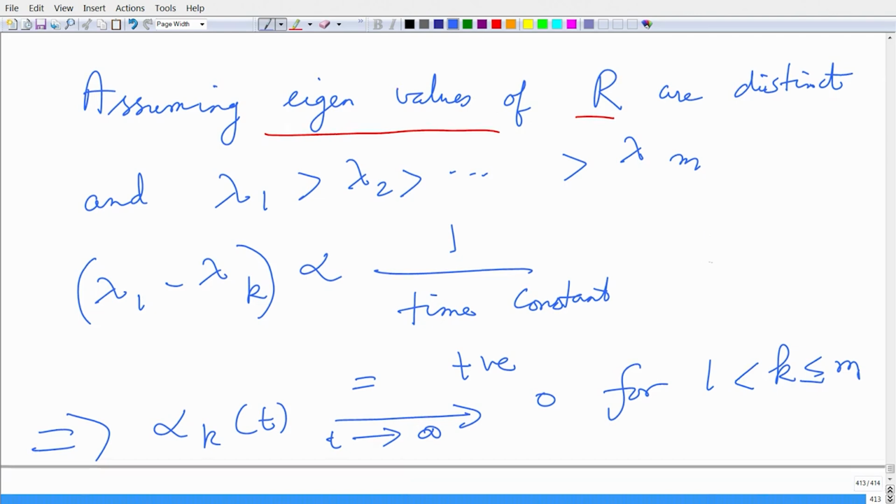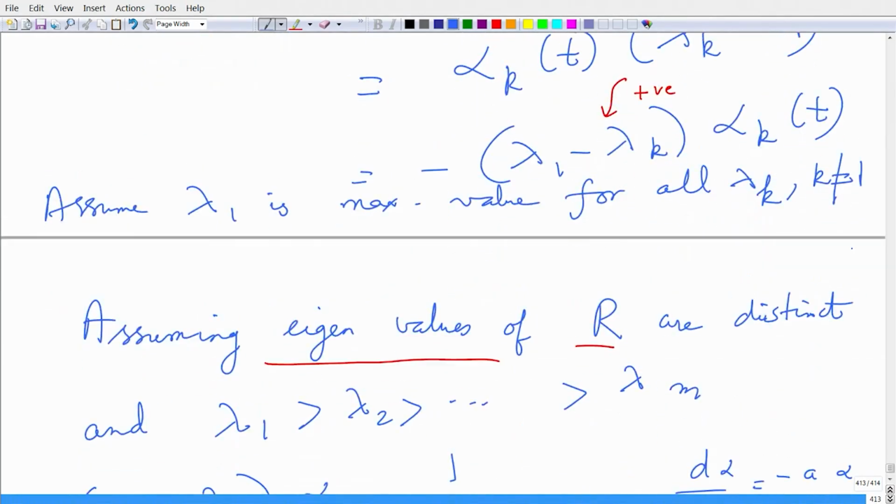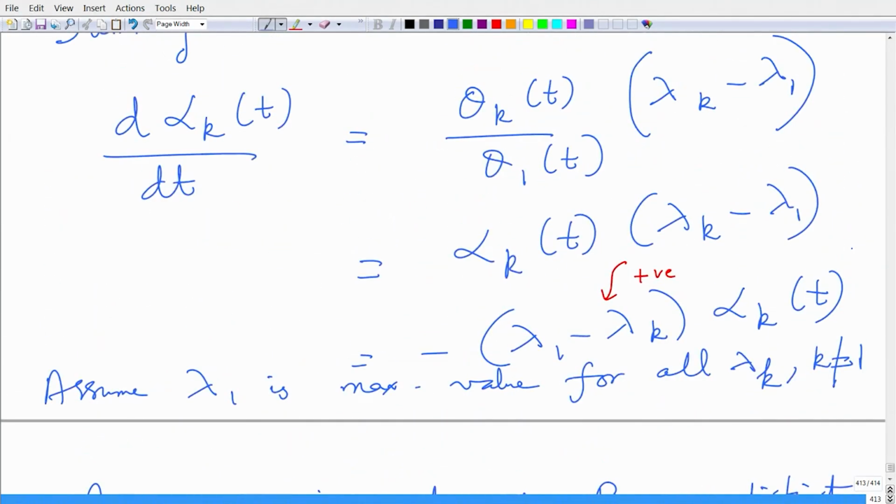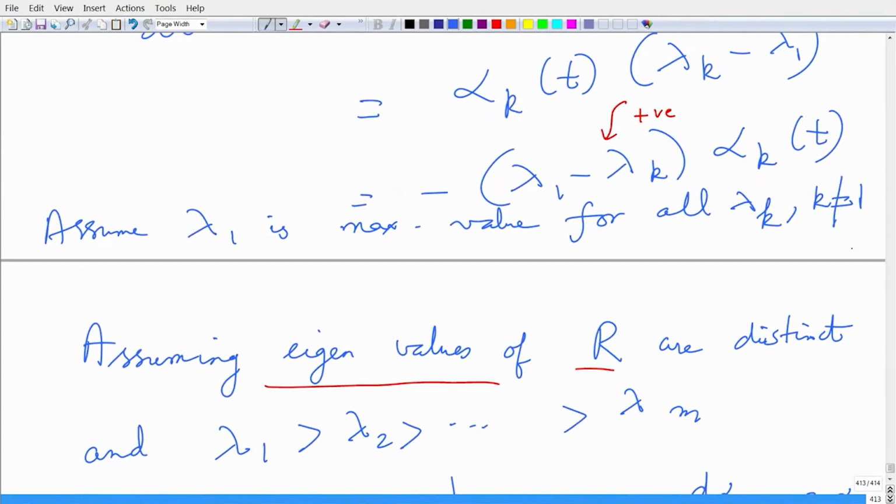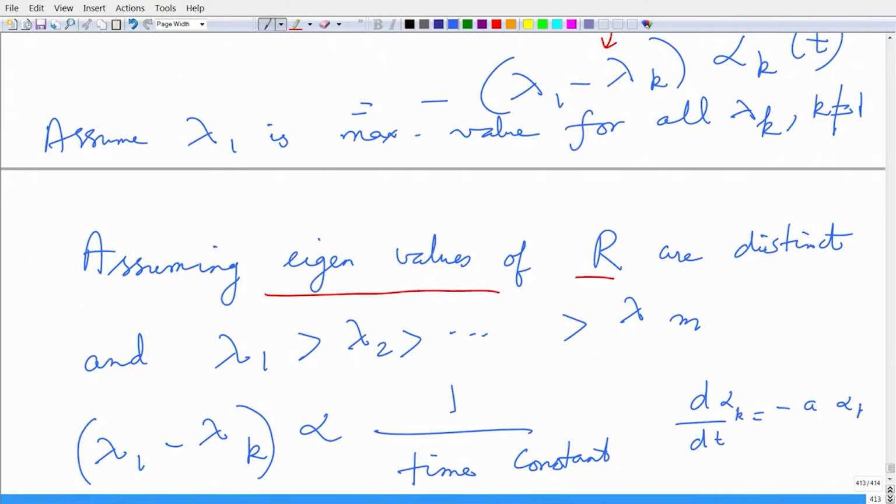So you have an equation of the form d alpha upon dt is minus a times alpha, right. So d alpha k by dt, I just write d alpha by dt. Let me put the k there to avoid ambiguity, where k is not equal to 1, and a is this positive quantity which is given by lambda 1 minus lambda k.